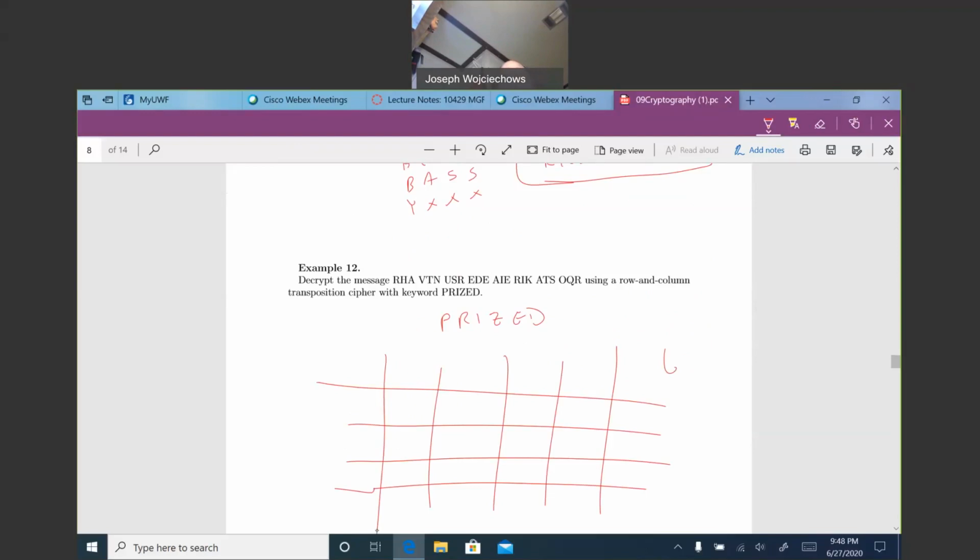So we got 6 by 4 letters. Now what this is saying, the D is saying that the last column should be the 1st place. So we take these first 4 letters and they go in the last column.